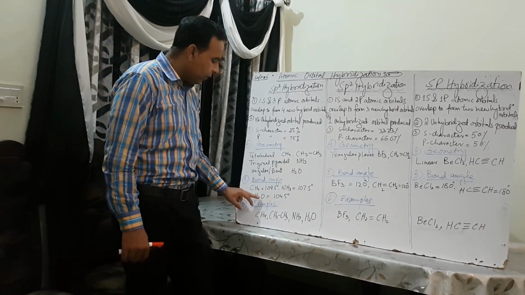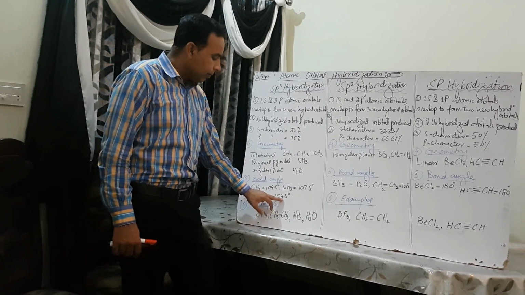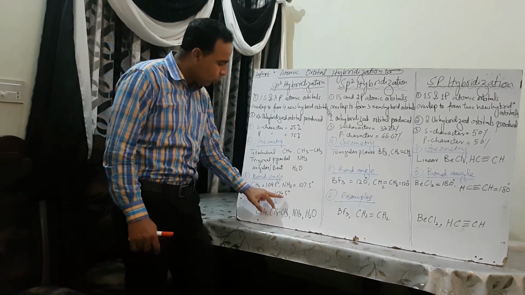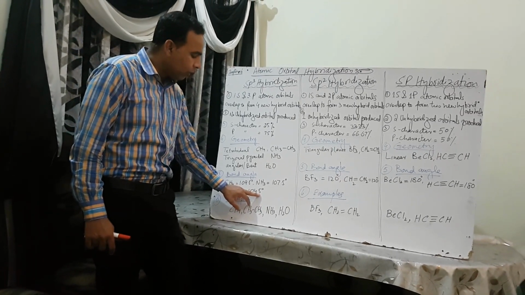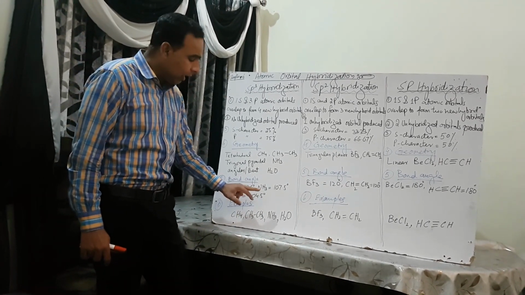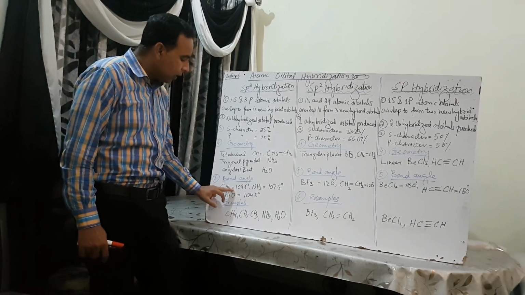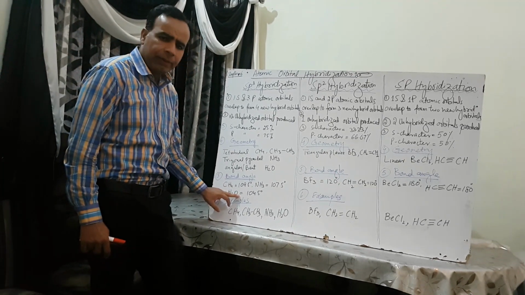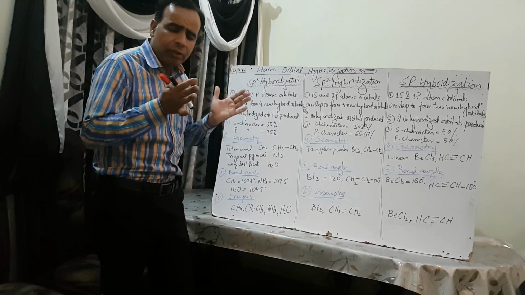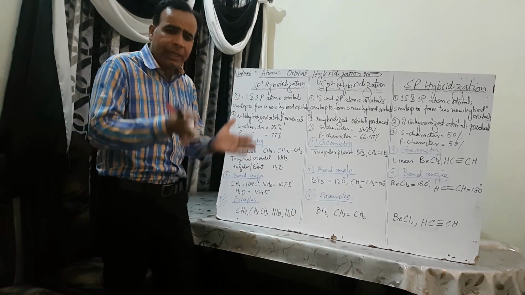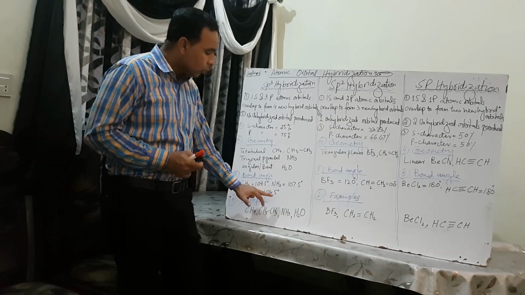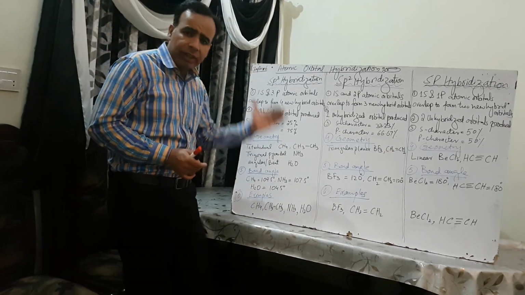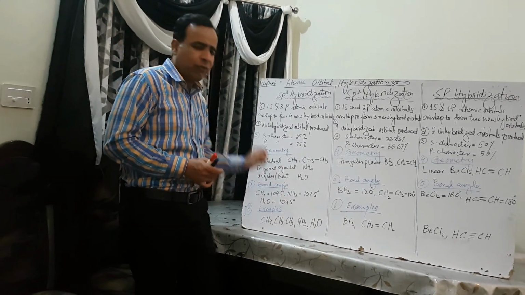In the case of water, the bond angle is further reduced to 104.5 degrees because there are two lone pairs present on the oxygen atom. So the repulsion between lone pair and bond pair is greater as compared to ammonia, and its bond angle is further reduced to 104.5.